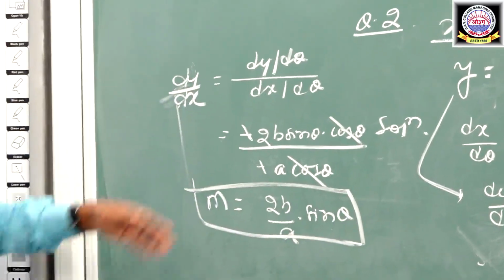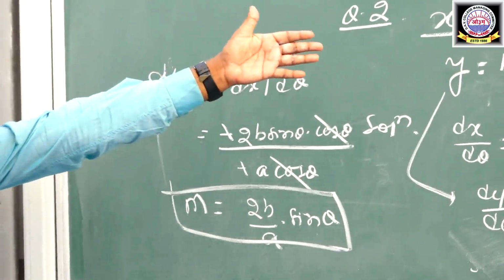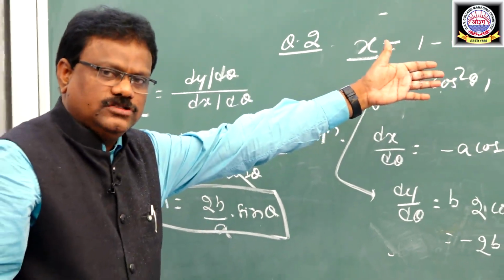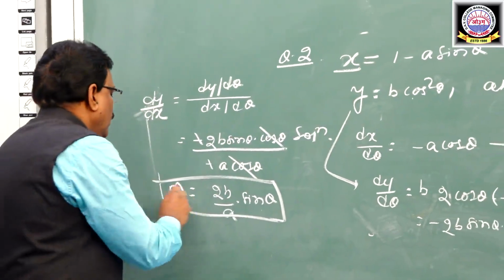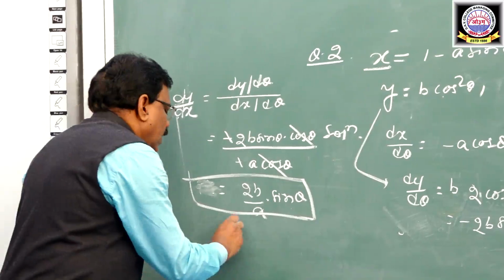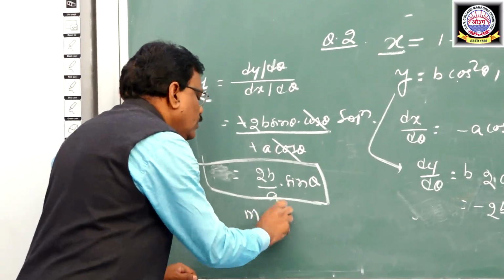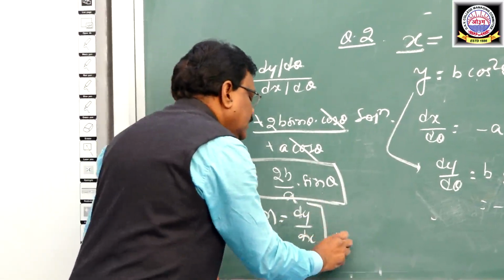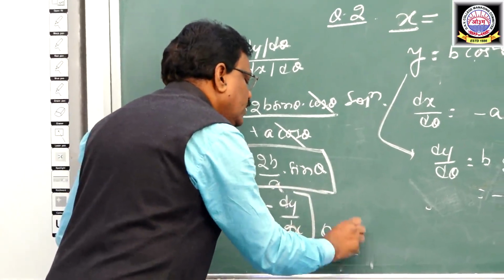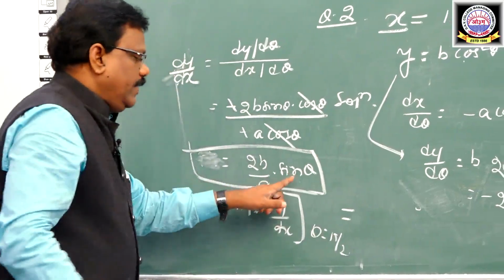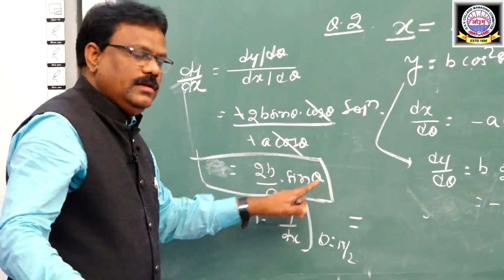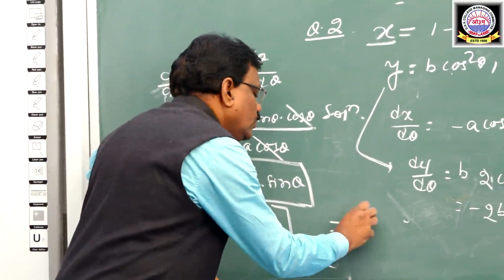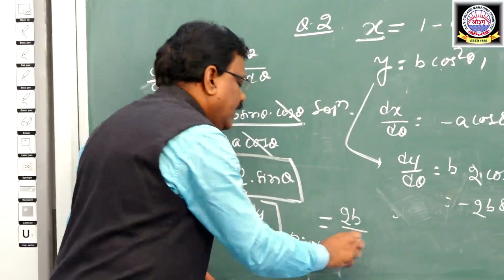The slope of the tangent, but the point is given, theta is equal to pi by 2. So put the value of theta is equal to pi by 2. Now write down m is equal to dy by dx at theta is equal to pi by 2. So putting the value, sin pi by 2 is 1. So 2b by a into 1, that is equal to 2b by a.